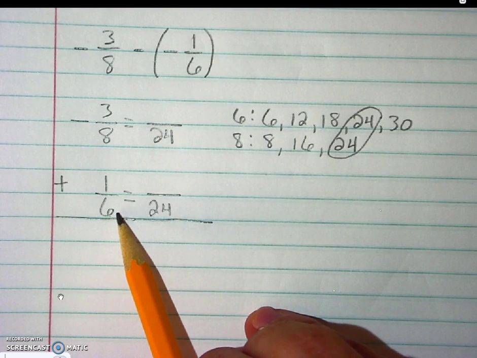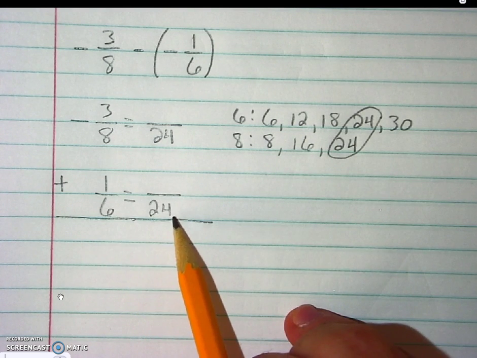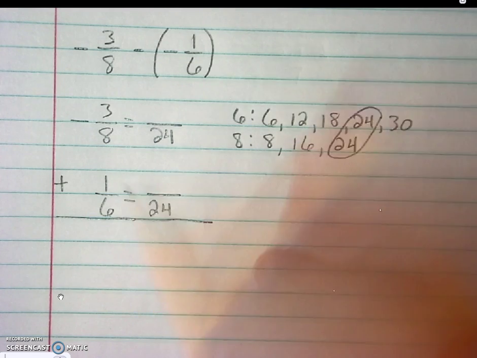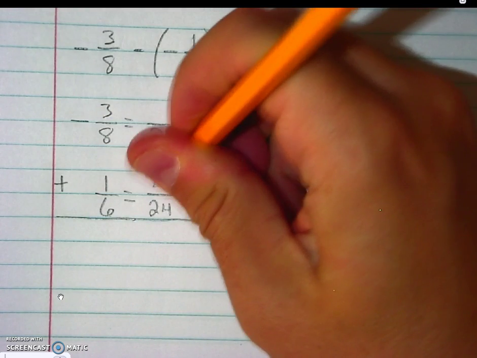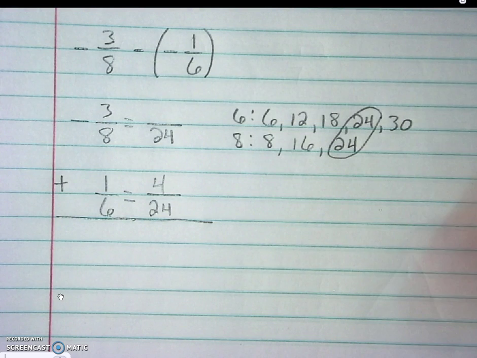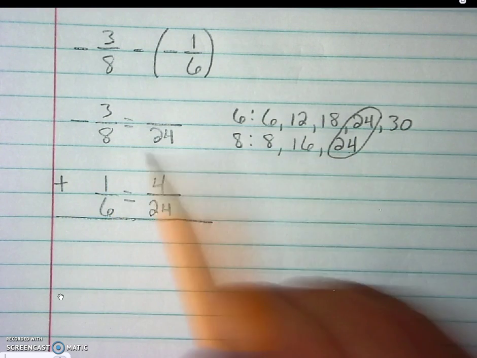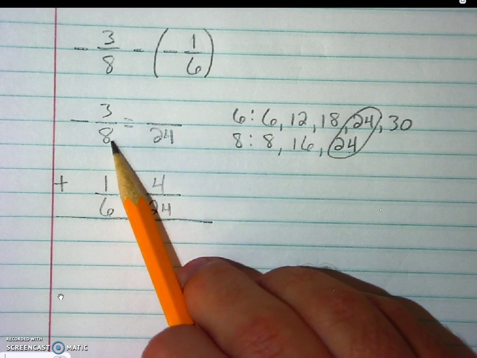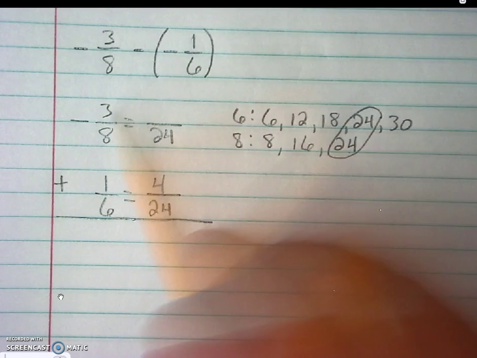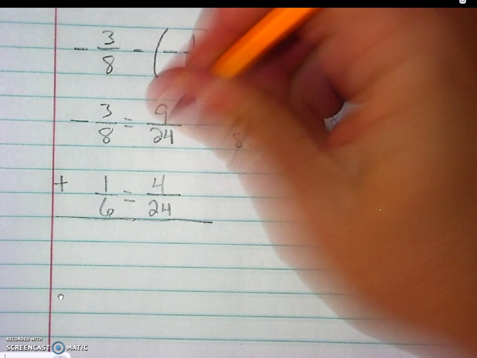Since we multiplied our 6 by 4, we must also multiply the 1 by 4. In our top one, we multiplied the 8 by 1, 2, 3. Since we multiplied the 8 by 3, we must also multiply the 3 by 3 and get 9 there.